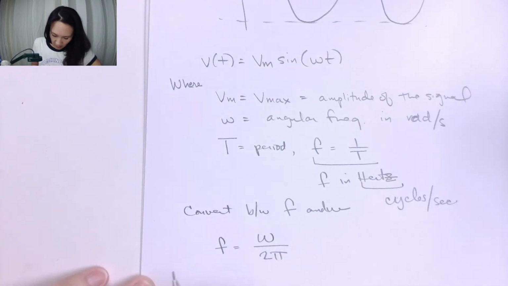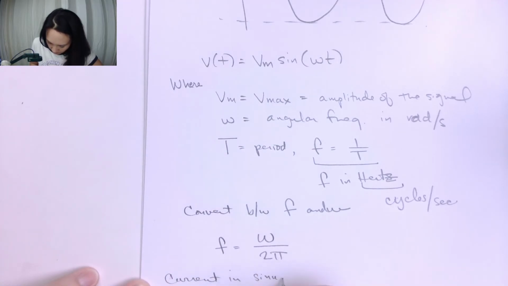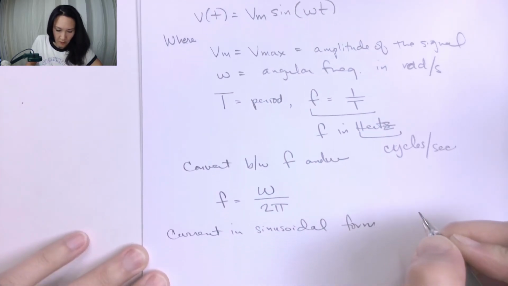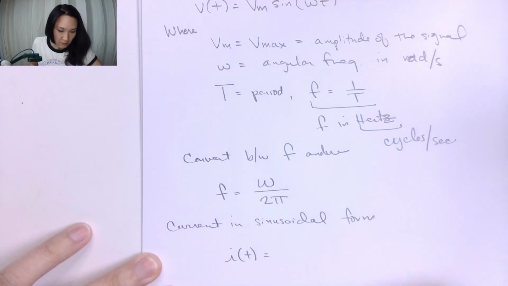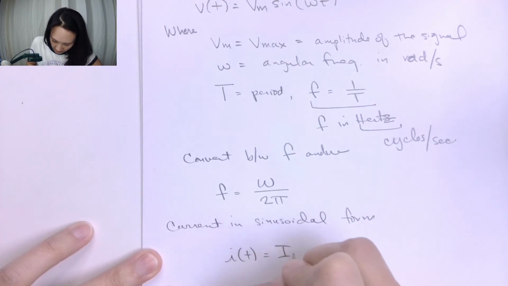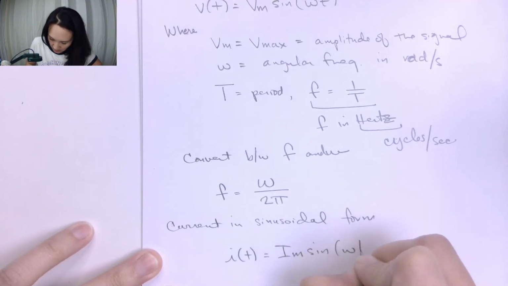Then similarly, a current in sinusoidal form is going to be current as a function of time is the max current times sine of omega t.